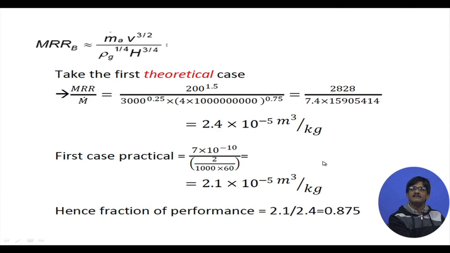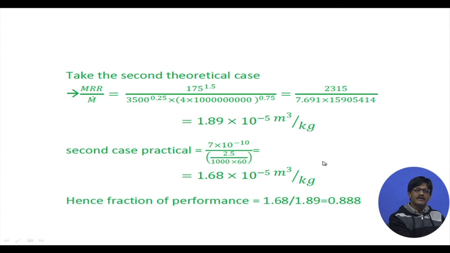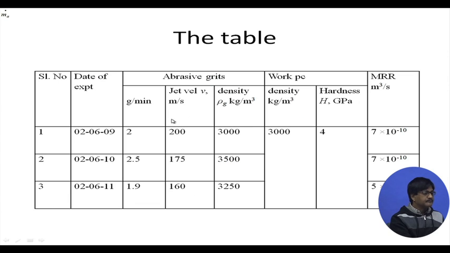Now, let us take the second case. We have to carefully see whether we have incorporated the changes which have occurred due to different input conditions. So, let us remember, we are taking velocity to be 175, density of the abrasive to be 3500, and workpiece hardness remains the same. Okay, let's have a quick look. Right, the velocity has been taken to be 175.